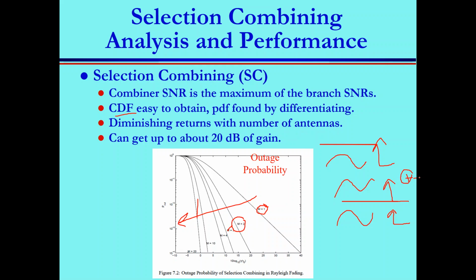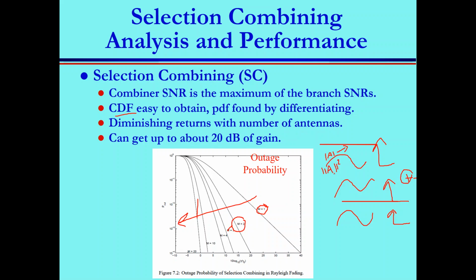So how do you find this? You tell me, let's solve it one by one. First, I know that the amplitude of this, A for example, is Rayleigh. Then the power of this is exponential. The square of a Rayleigh random variable gives you an exponential distribution.